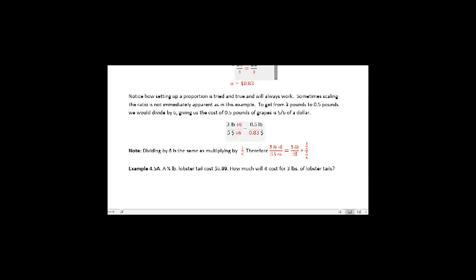Remember, dividing by 6 is the same thing as multiplying by 1/6. So really what you're doing is taking 3 pounds, multiplying it by 1/6, and $5 multiplying it by 1/6. Much easier to go ahead and cross multiply and divide.